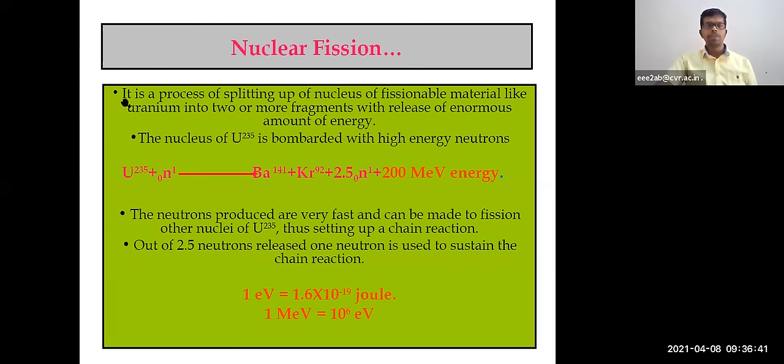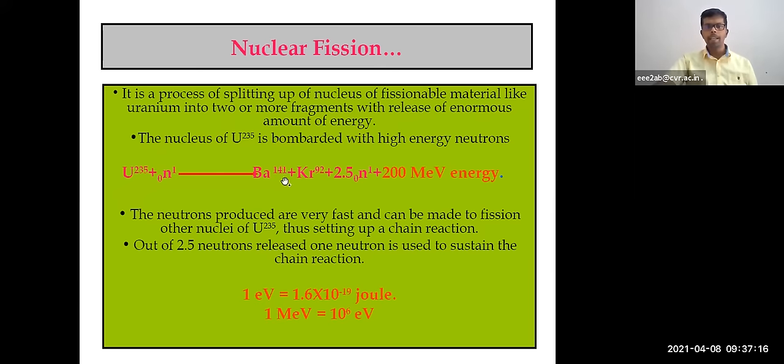The nucleus of uranium 235 is bombarded with high energy neutrons: U235 plus 0n1, which is being bombarded.